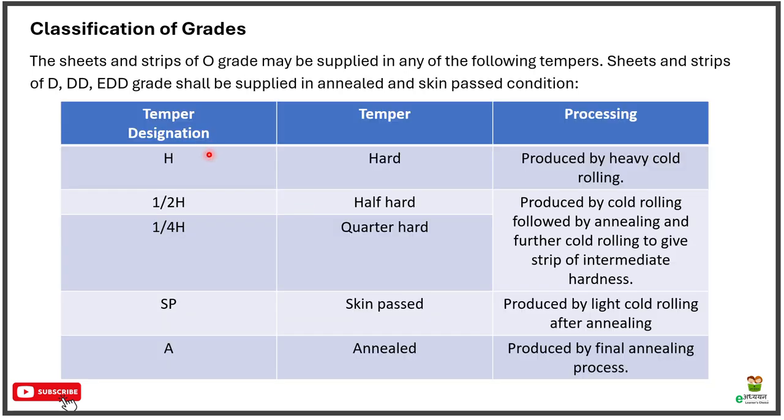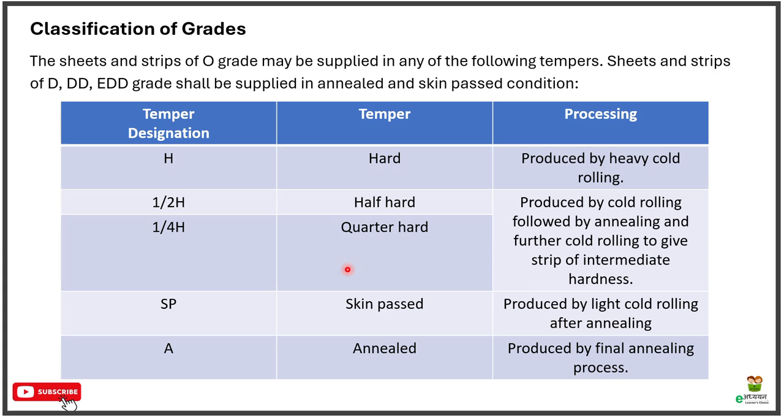The sheet of O grade may be supplied in any of the following temper categories, and sheet and strip with D, DD or EDD grade shall be supplied in skin pass condition. Here you can see temper designation H, that means hard, is produced by heavy cold rolling. Then one half H, that is half hard, and quarter hard, are produced by cold rolling, followed by annealing and further cold rolling to give strip of intermediate hardness.